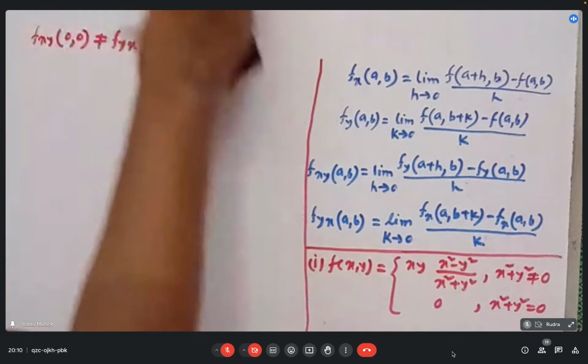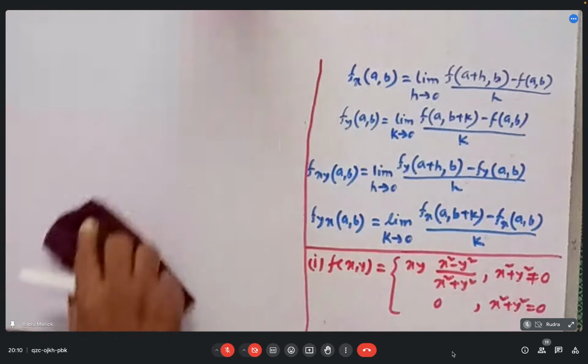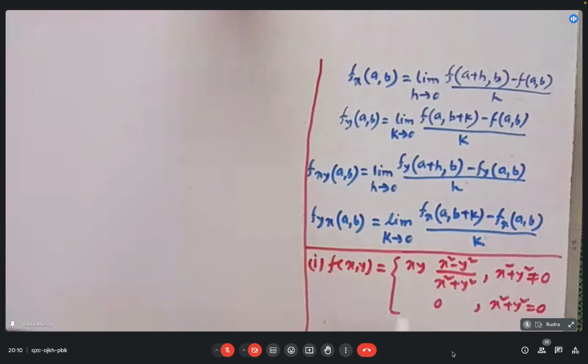Here we have given these functions. We shall show that fxy at 0 0 is not equal to fyx at 0 0.